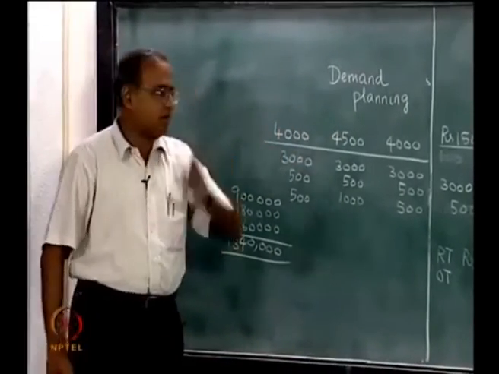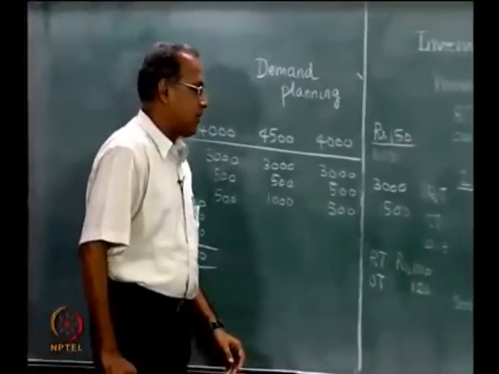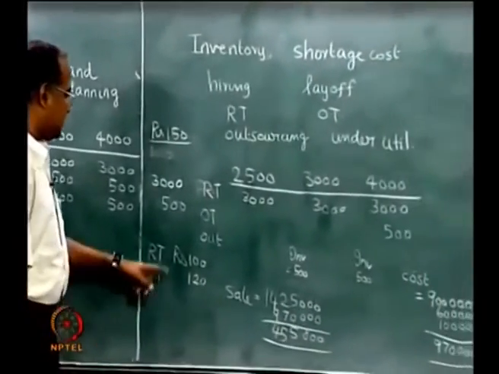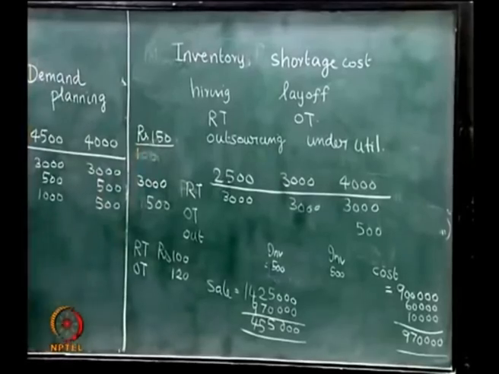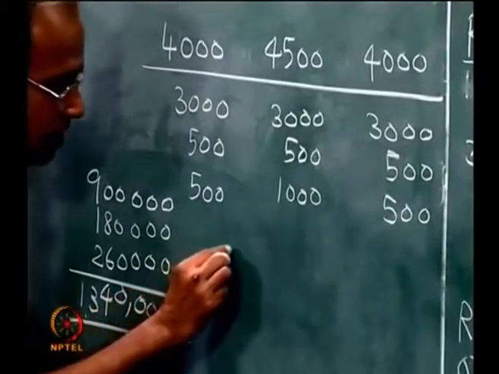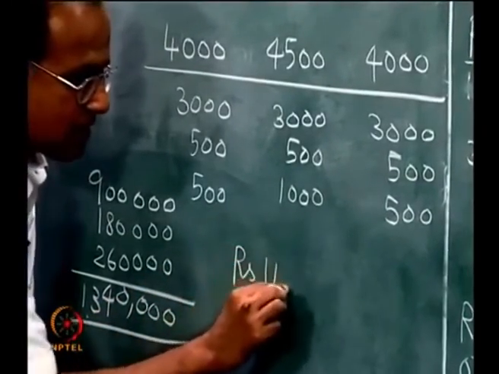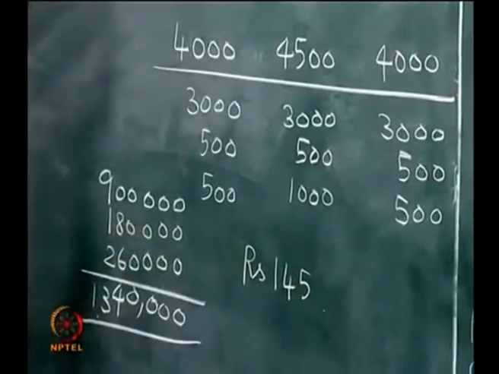Now, we have to look at the profit. When we worked out the profit earlier, the price was 150. Let us say we give a discount and the price becomes 145 rupees.